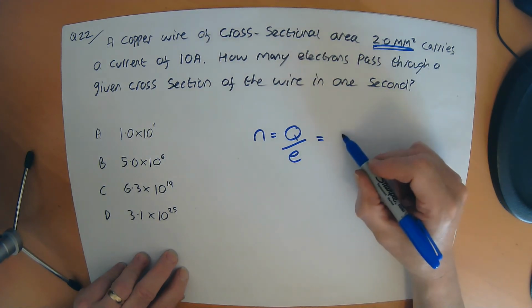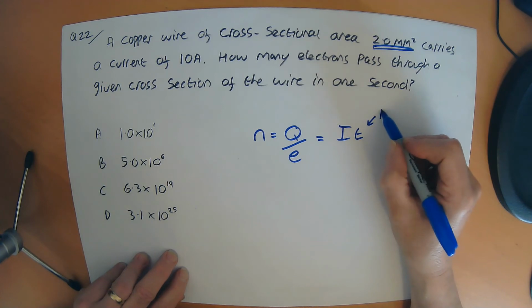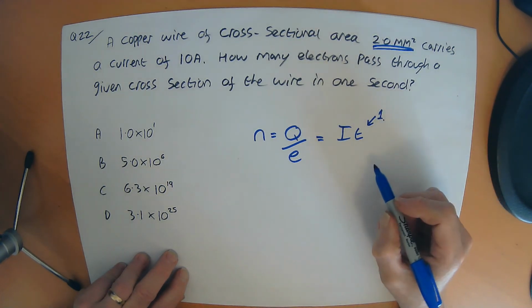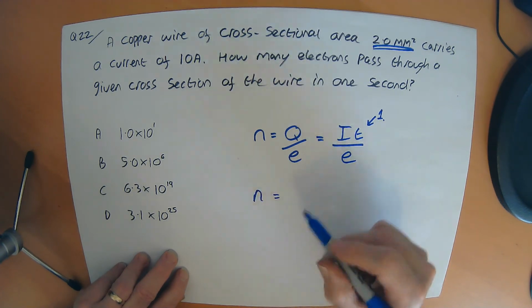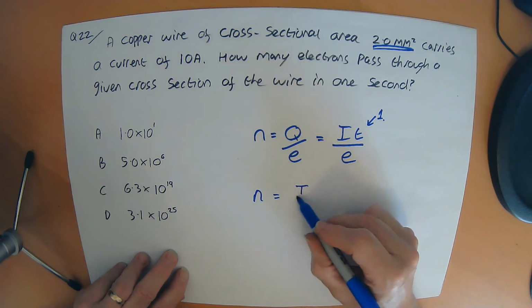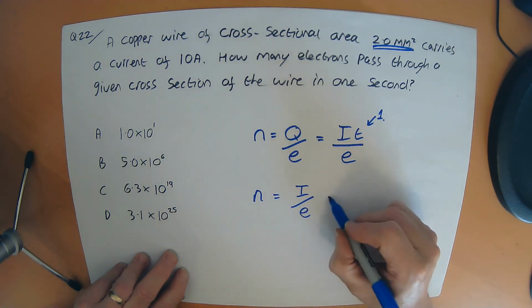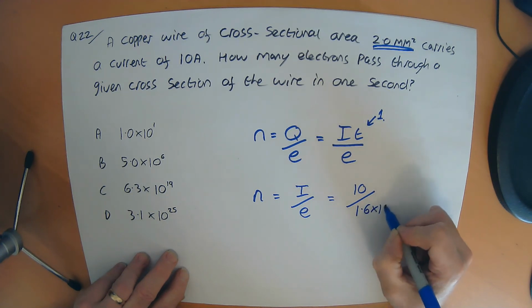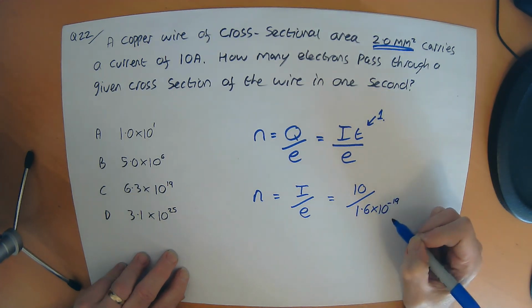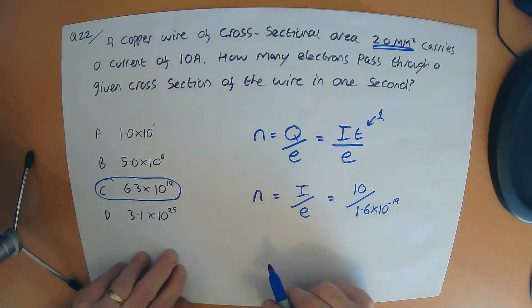We know that the total charge is the current times the time, but this is just 1, and so the total number of carriers is just the current divided by the charge on a single electron, and that's equal to 10 divided by 1.6 times 10 to the minus 19 coulombs, and that's C, 6.3 times 10 to the plus 19 carriers.